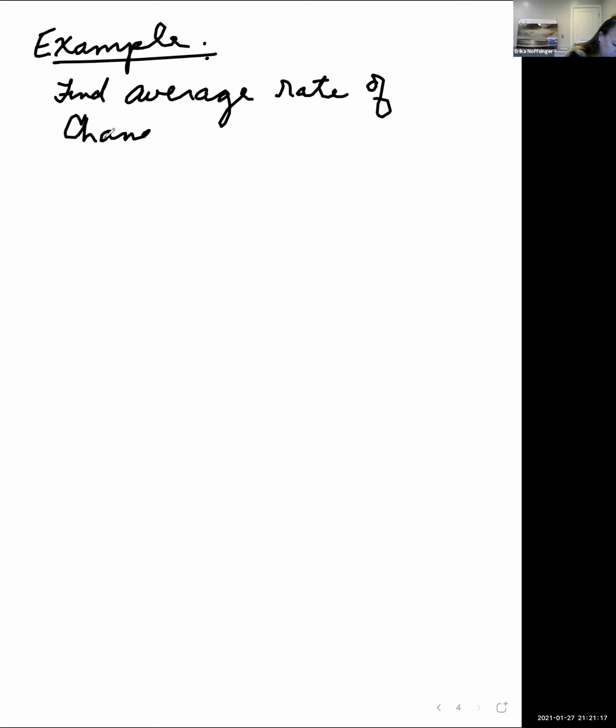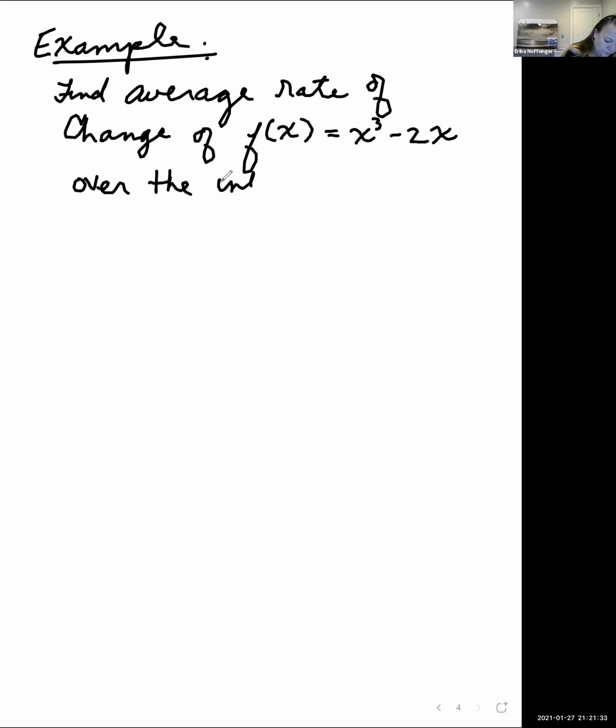We're going to find the average rate of change of the function f of x equals x cubed minus 2x over the interval [1, 2].